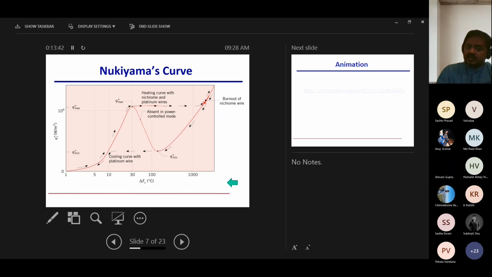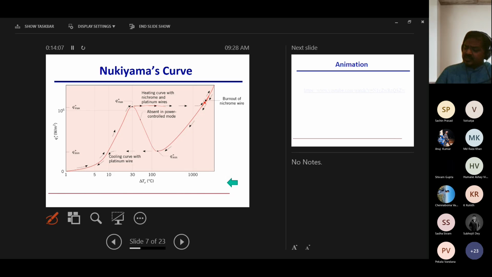And to his utter surprise, he found that actually no, during the cooling curve, the plot looked something like this. It did not retrace its path. It actually came down much lower than the critical heat flux.